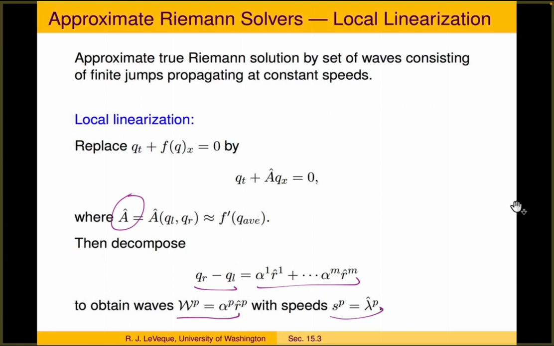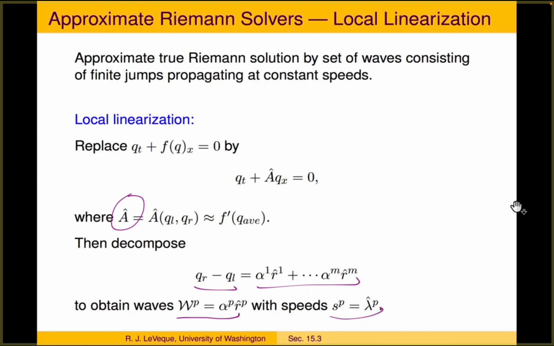So that depends on being able to define some sort of reasonable average Jacobian. There's lots of ways to do that. You could just take the average of F prime at Q left and Q right, or you could take F prime at the average state. But you'd also like that to have eigenvalues and eigenvectors that are easy to compute. Well, since we know the eigenvalues and eigenvectors of F prime, say for shallow water equations in general, then either of the two averaging methods I just mentioned could be used to calculate the eigenvalues and eigenvectors.